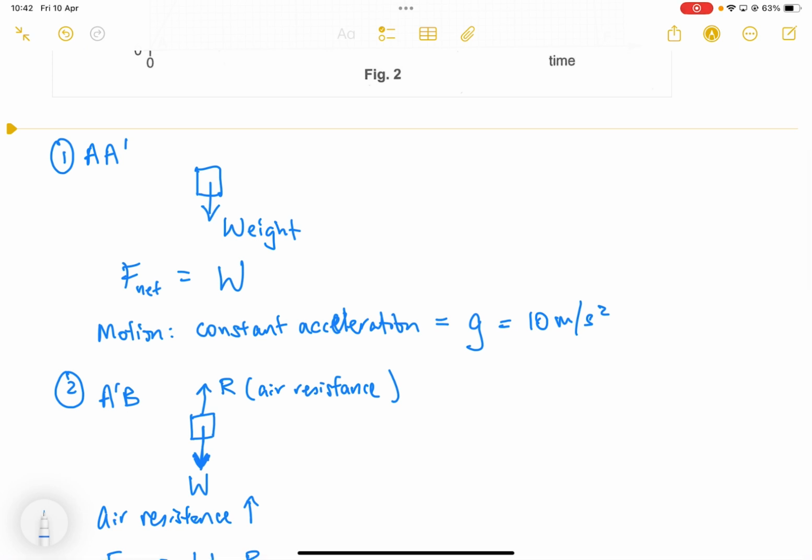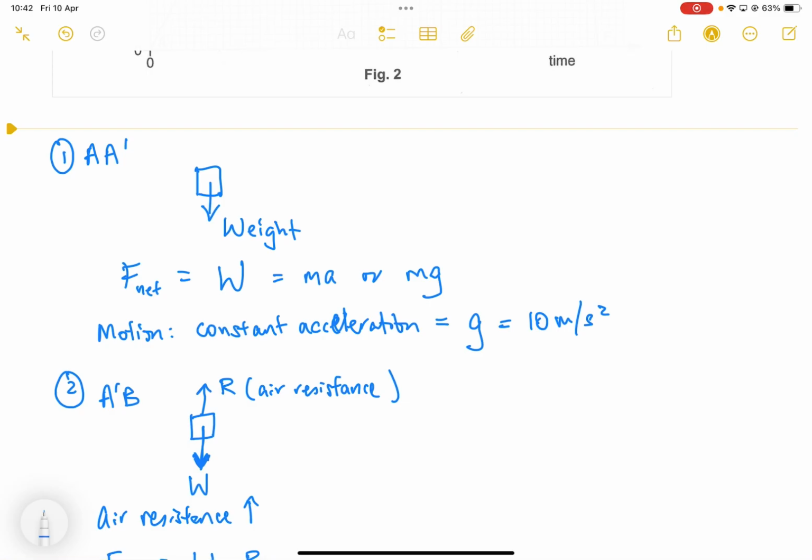When it is from A prime, there's only weight present, so the resultant force is equal to ma, where W equals mg, and the acceleration is actually equal to g, acceleration due to gravity, at the beginning.